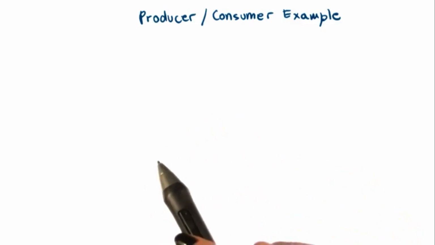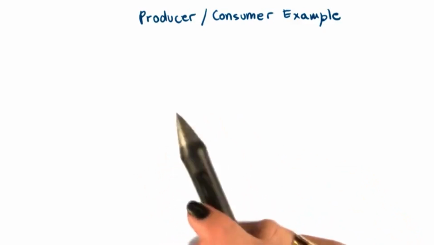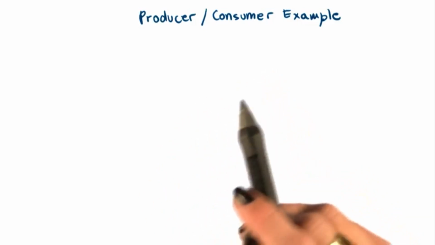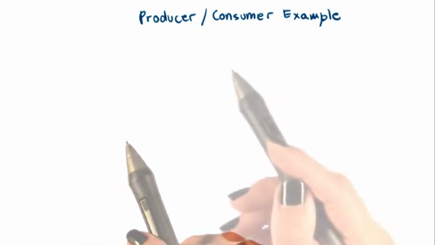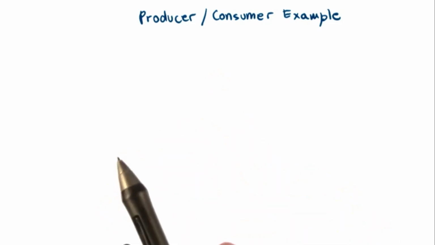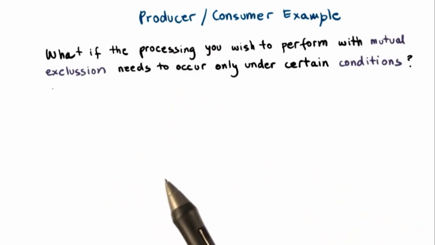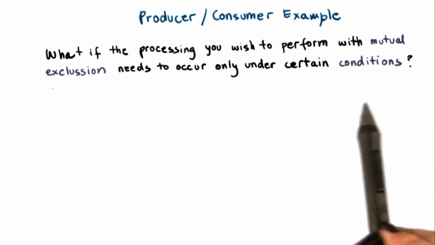For threads, the first construct that Birrell advocates is mutual exclusion, and that's a binary operation. A resource is either free and you can access it, or it's locked and busy and you have to wait. Once the resource becomes free, you get a chance to try to access it. However, what if the processing that you wish to perform needs to occur only under certain conditions?